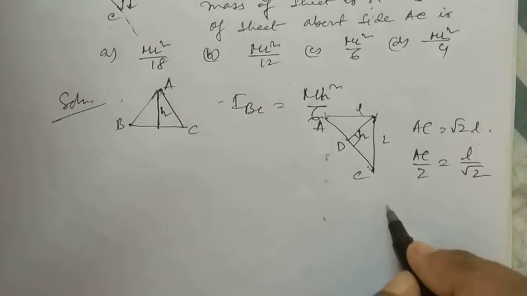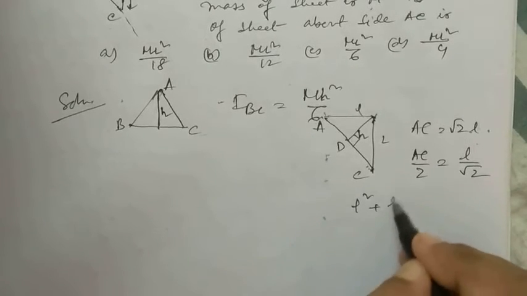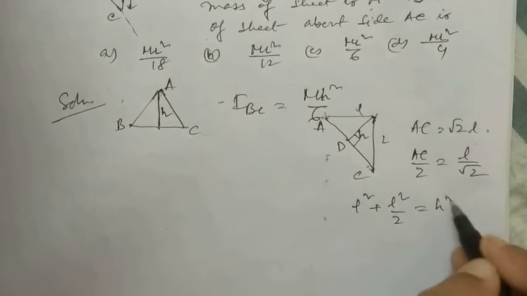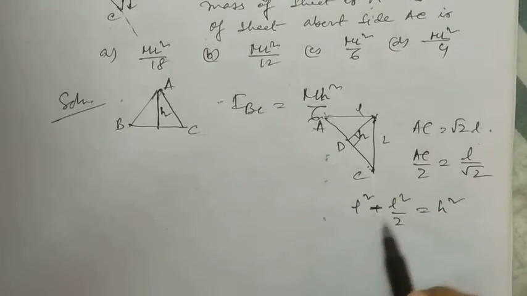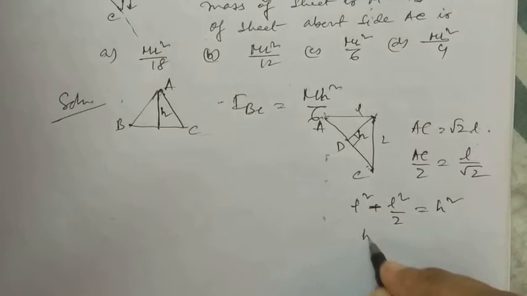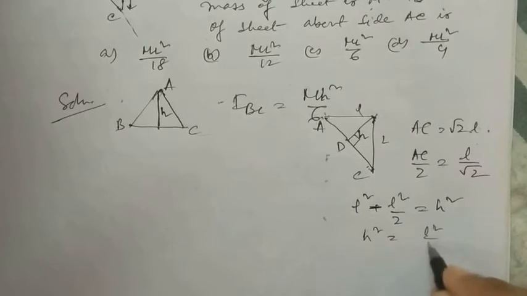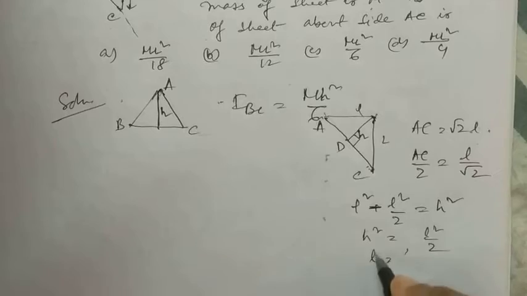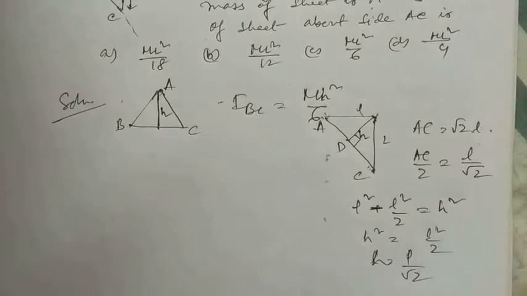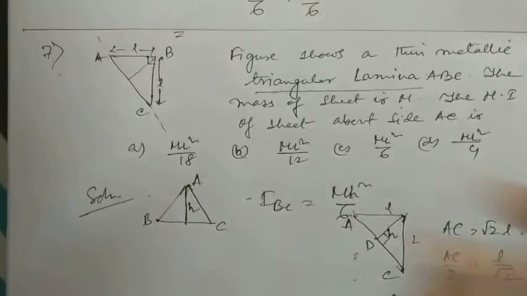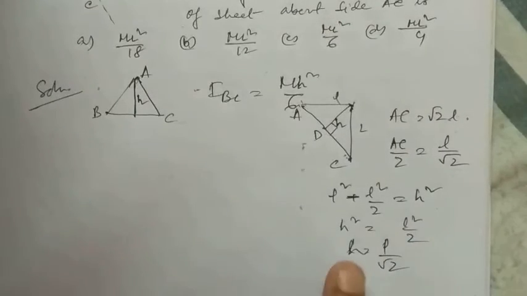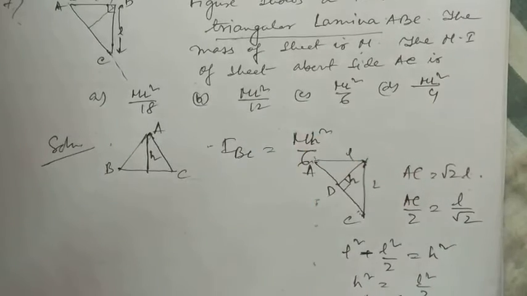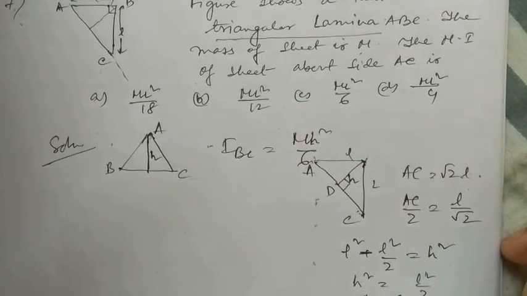So from the triangle we can write L square minus L square by 2 is equal to H square. So H square is equal to L square by 2. So H is equal to L by root 2. So for this diagram, the height of the triangular lamina comes out to be L by root 2.